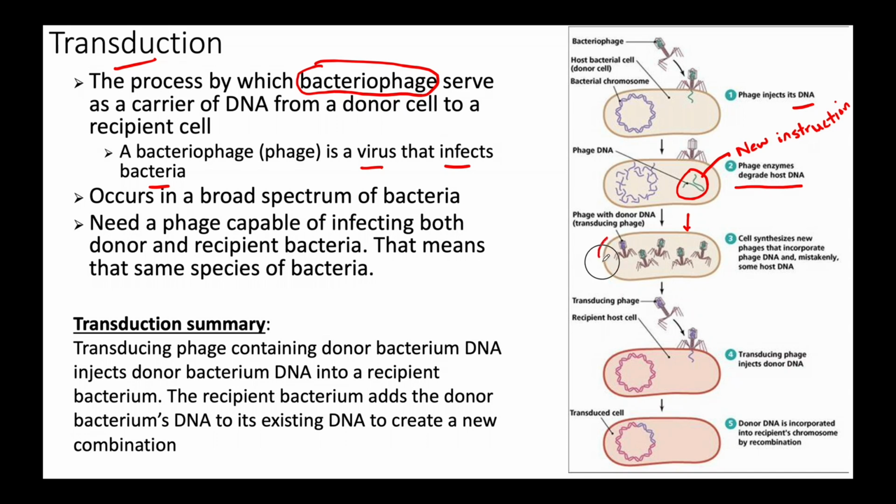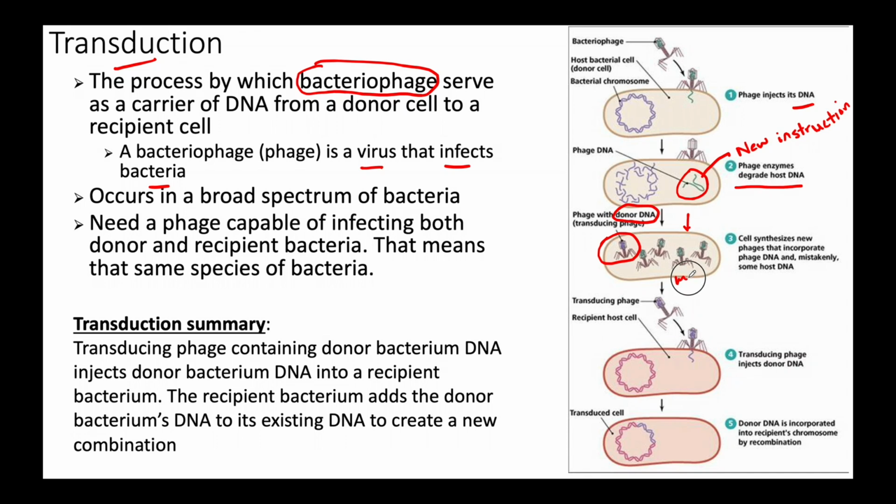But this is the mistake that we're interested in for this process. In this newly packaged viral particle, there isn't viral DNA, but it's purple in color, which would indicate it's actually bacterial chromosomal donor DNA, some fragment of it.